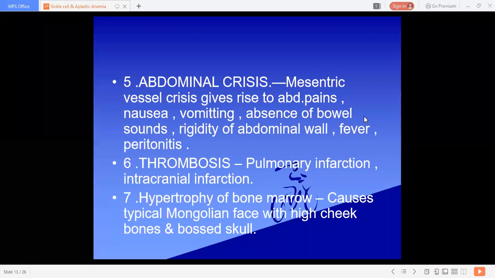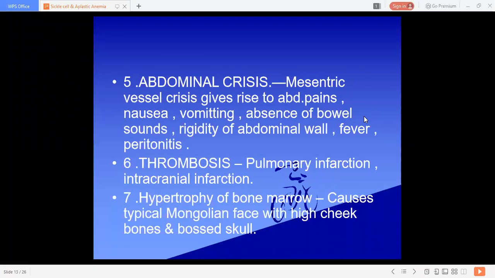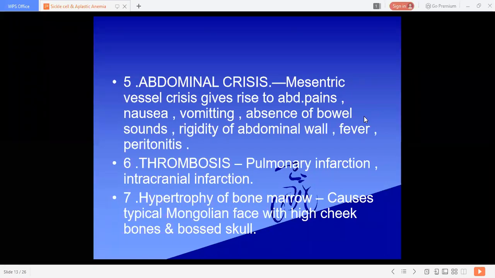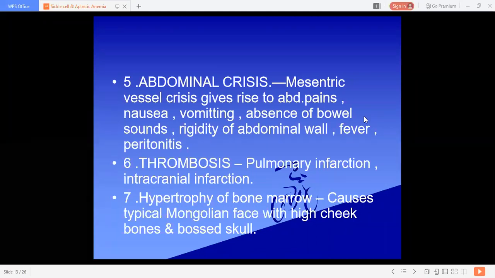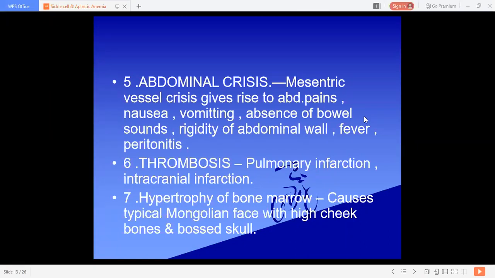So we call it the abdominal crisis of sickle cell anemia. Here, due to blockage or slowing of the flow in the mesenteric vessel, there are excruciating, acute abdominal pains, which may be associated with nausea, vomiting, and absence of bowel peristaltic sounds. Peristalsis also gets very much diminished. It also gives rise to rigidity of the abdominal wall.